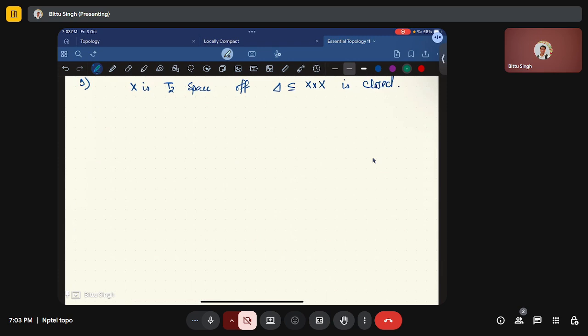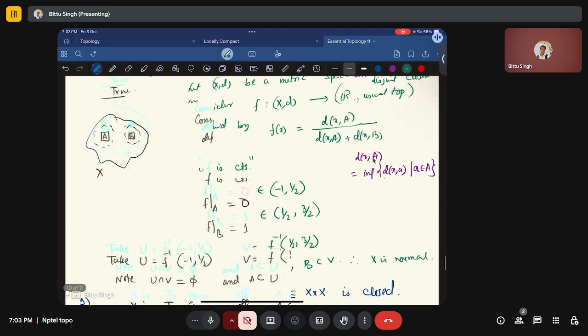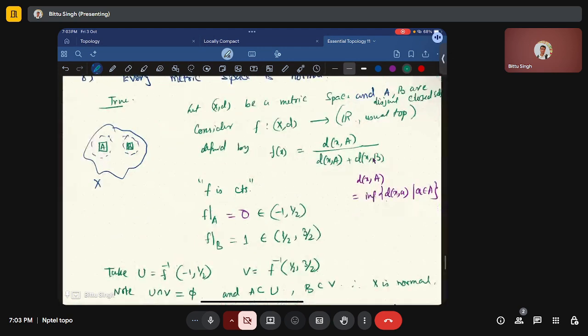X is Hausdorff if and only if the diagonal is closed. So is it closed? Here I have not proved f is continuous, but the proof is very easy.